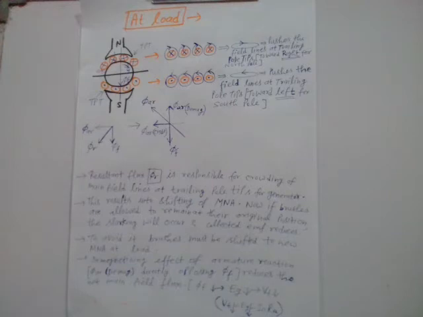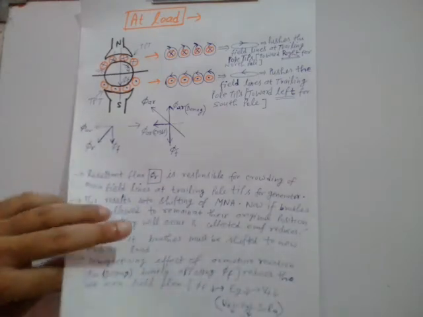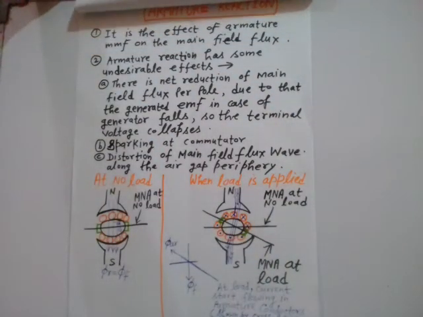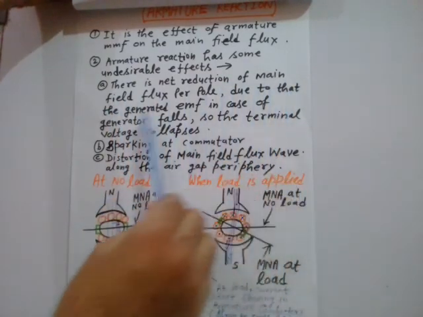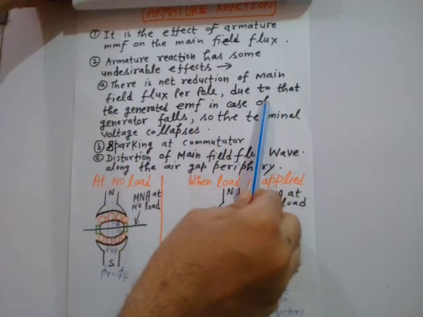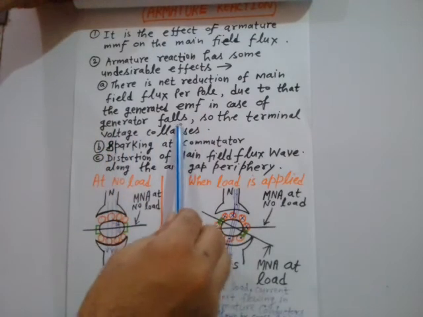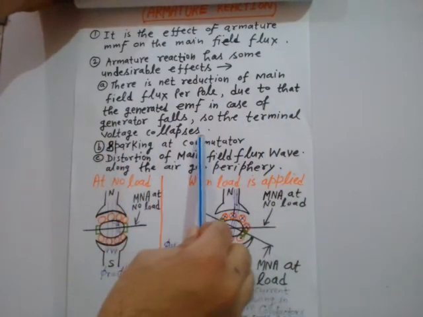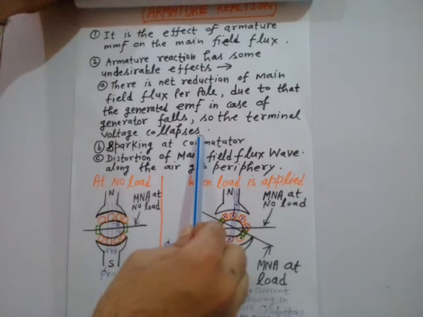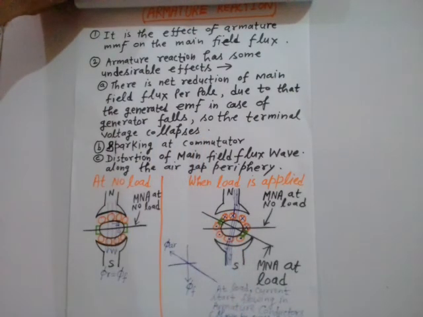So this is armature reaction. Armature reaction has three undesirable phenomena, like I have already explained. Number one, there is net reduction of main field flux per pole. Due to that, the generated EMF in case of generator falls, so the terminal voltage collapses, or you can say decreases, which is undesirable, definitely, right?